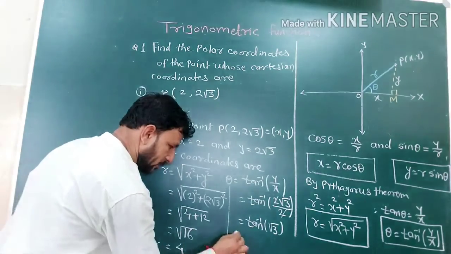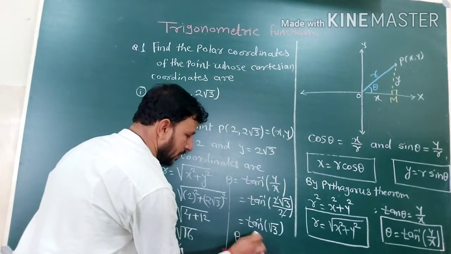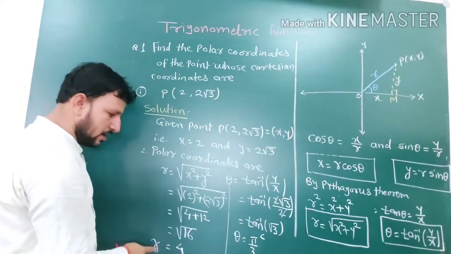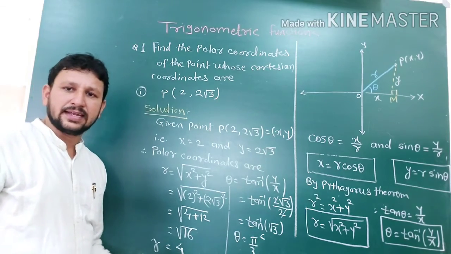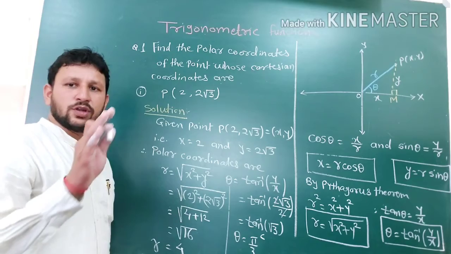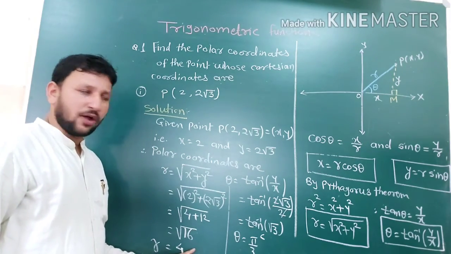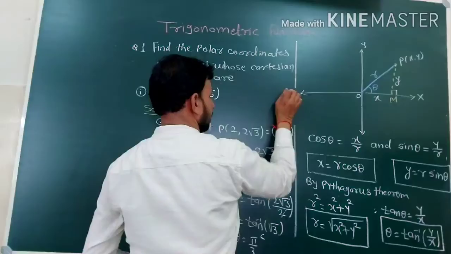So theta is equal to pi by 3 radian. So you have given Cartesian coordinates x, y. We have calculated the polar coordinates r, theta. After getting this value, just write the sentence: the polar coordinates of the point P of r, theta, that is 4 comma pi by 3.